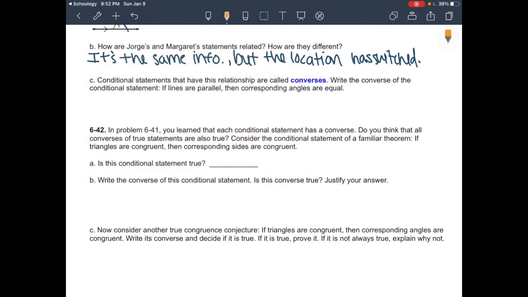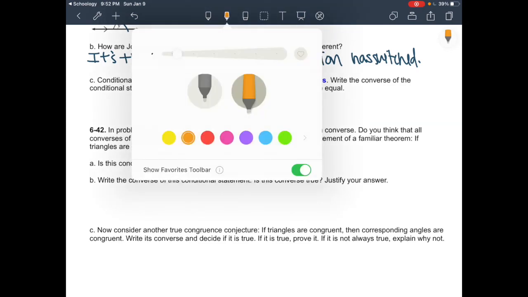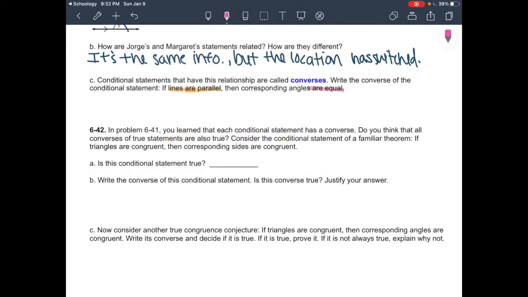So I've got to switch this piece. Oh, I didn't write it all, did I? This piece and this piece. We're going to switch those, but keep the if and then.